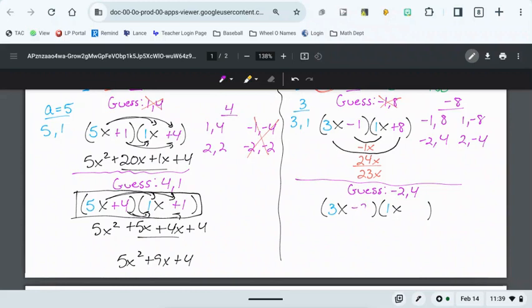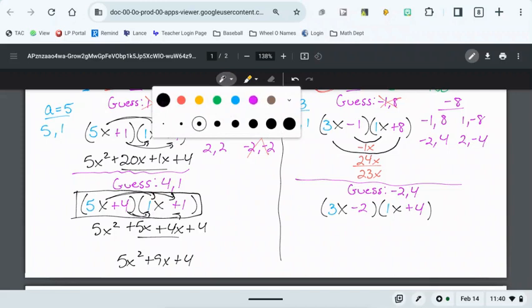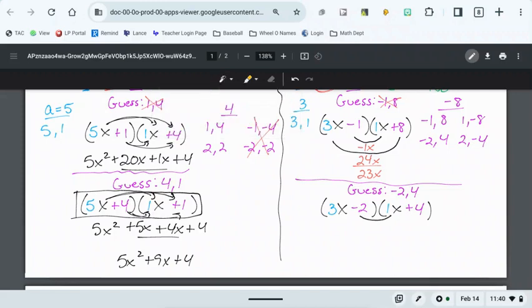All right, our guess is -2, +4. And let's do our smiley face method here. So we multiply the middle two terms and then the outside two terms. When we multiply the middle two terms, we get -2x, and the outside two terms, we get 12x. When we add those together, we get 10x. So that's what we were looking for. This is our correct answer.